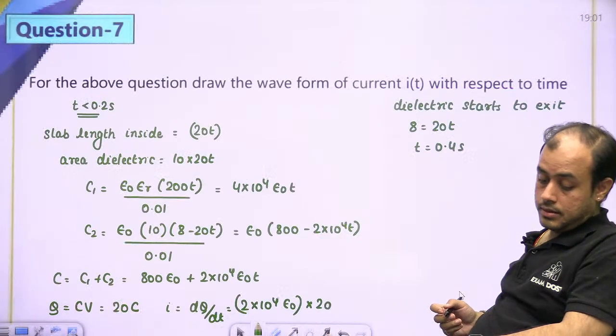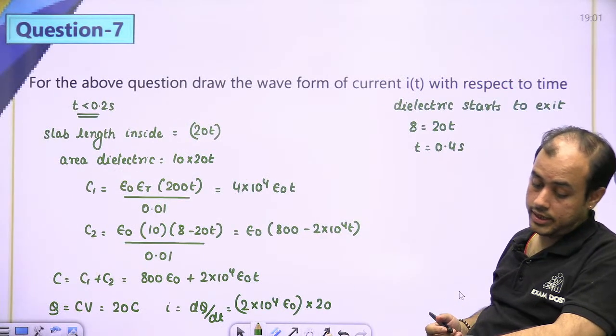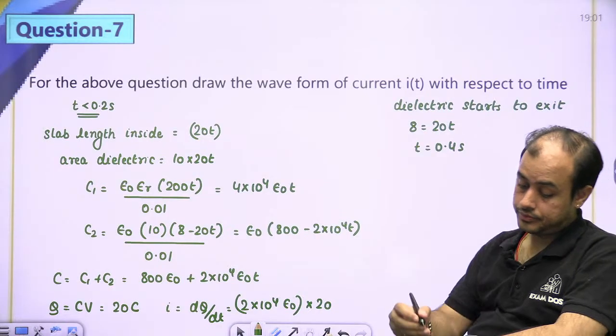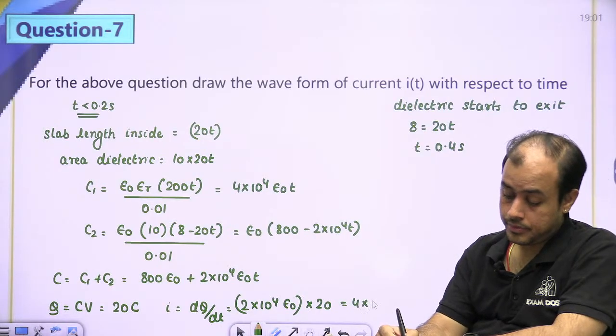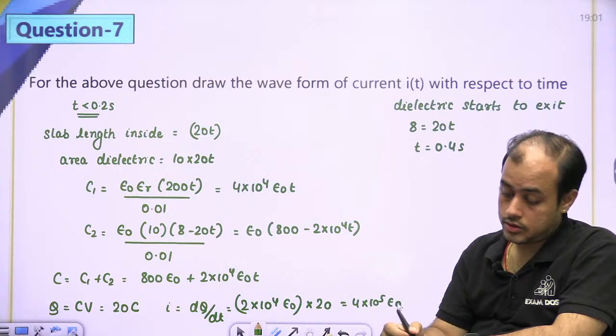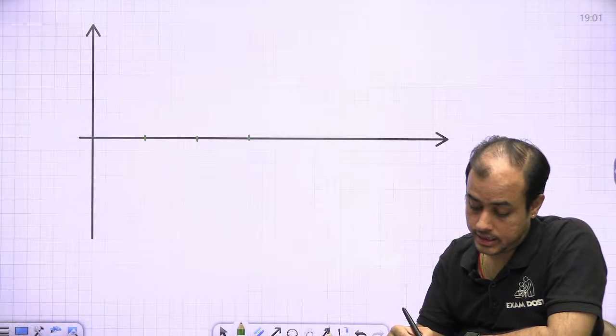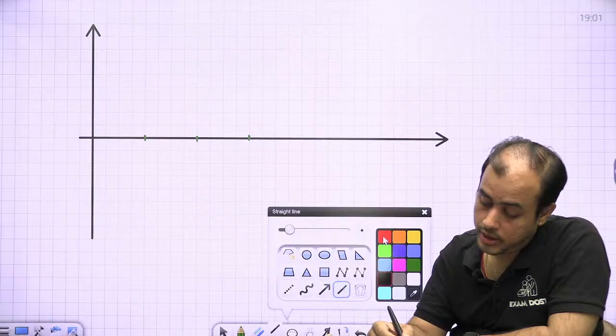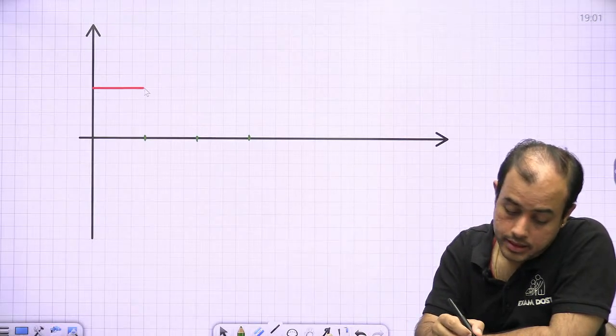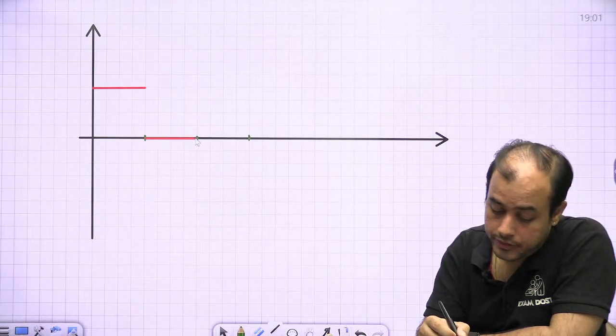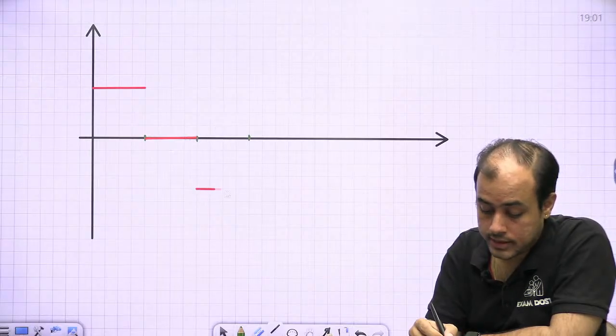Okay. हमने ना लेंथ गलत कैलकुलेट कर ली थी. तो 0 to 0.2 सेकेंड बेटा. 0 to 0.2 सेकेंड. It should be 4 into 10 की power 5. 0.2 to 0.4 is 0.